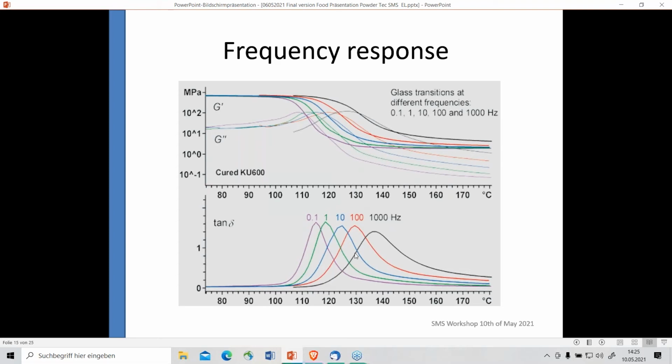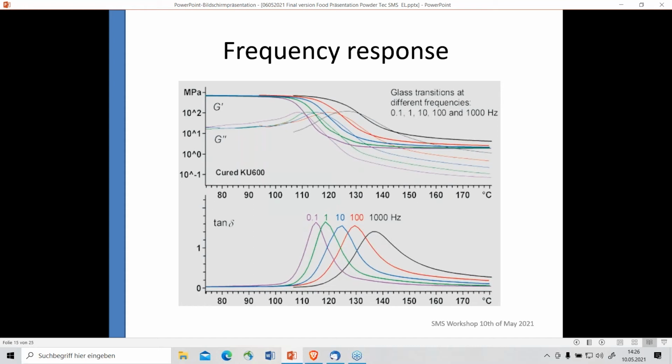So if you have a mill and you treat your powder with a high or a low frequency, with a low frequency it will be in the glass below 110 degrees. If you treat it with a high frequency, it will be in the glass above 140 degrees. So what happens during transportation? How is the frequency load of the transportation? That could also be one of the biggest issues you would like to figure out.